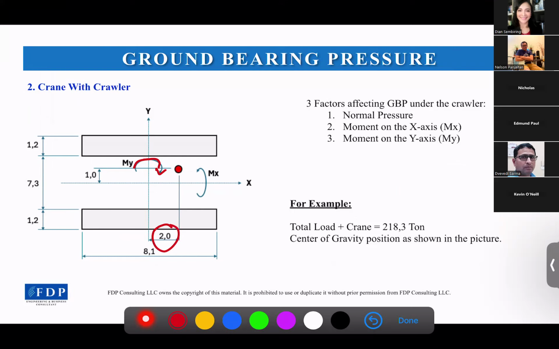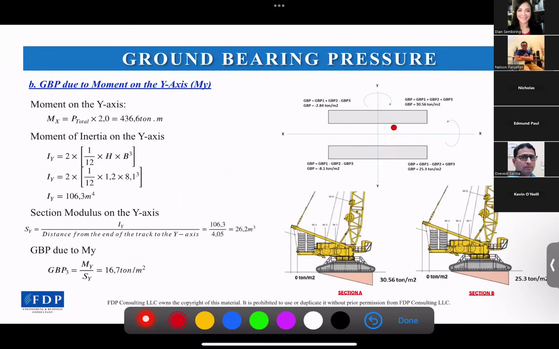So the moment on the y-axis is 218.3 times 2 meters. So this is the moment on the y-axis, and we get 436.6 ton meters. And for the moment of inertia, we will use this formula and we get 106.3 meters to the fourth.